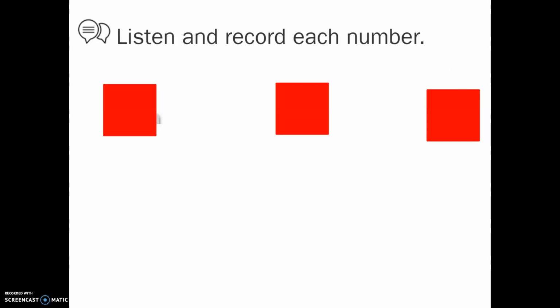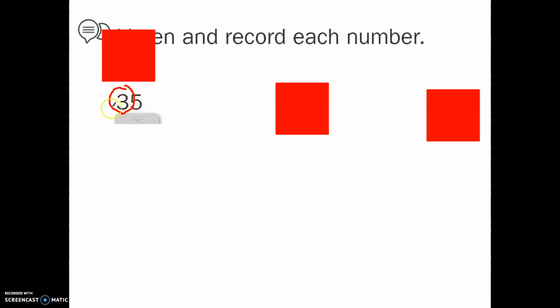So I want you to go ahead and write down the number 35. What digit in the number 35 is in the tens place? The number 3 is in the tens place in the number 35.